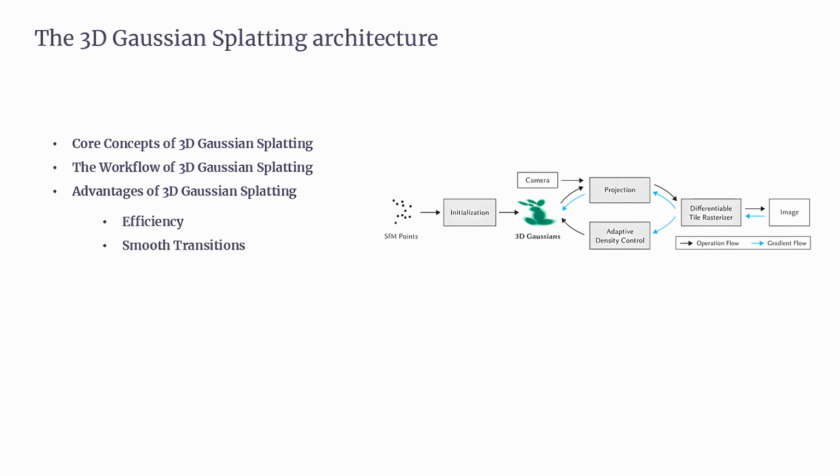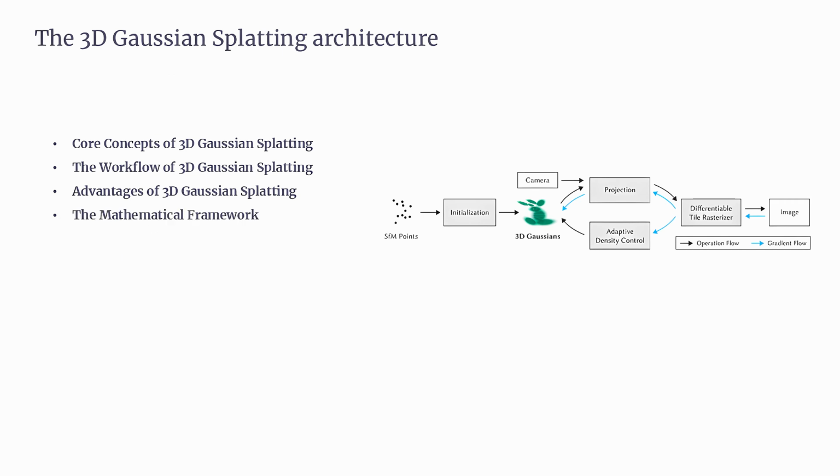Smooth transitions. The continuous nature of Gaussians enables smooth blending between splats, leading to smoother visual transitions and more realistic lighting effects. 3. Scalability. This technique can handle large-scale environments, making it perfect for fields like virtual reality, gaming, and digital twins.